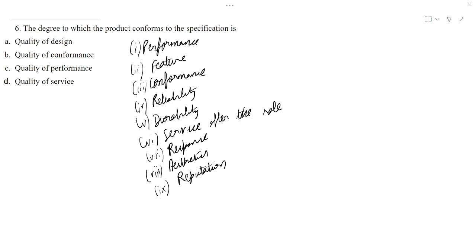Conformance is about how good a product or service is, how close it is to the specification or quality which has been committed with respect to the specifications or standard.